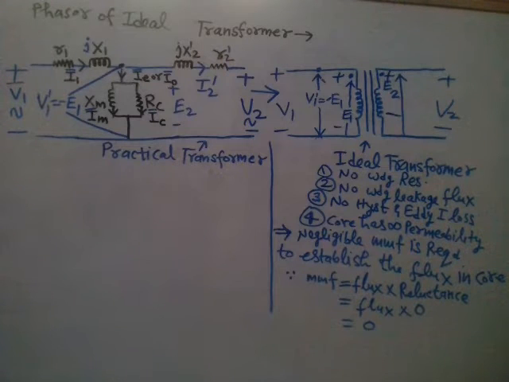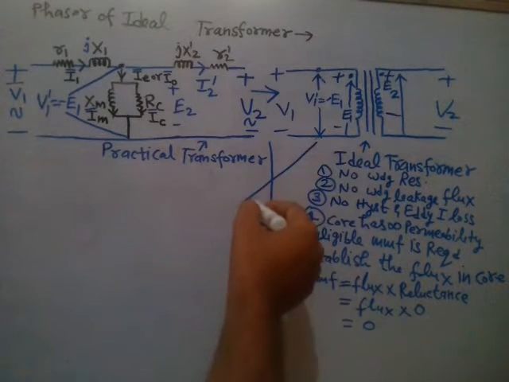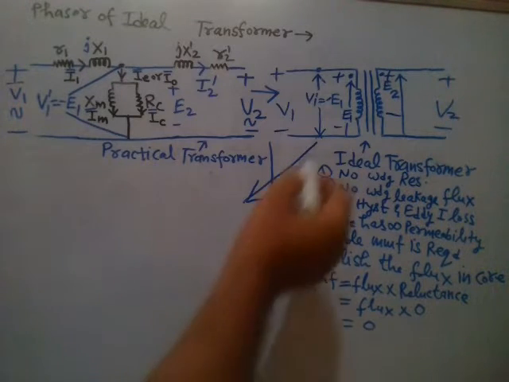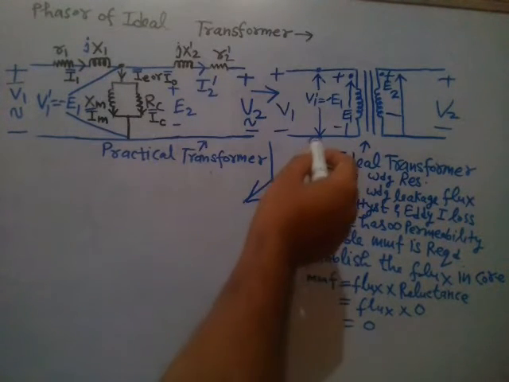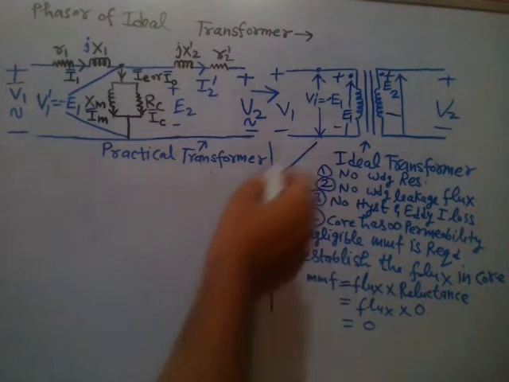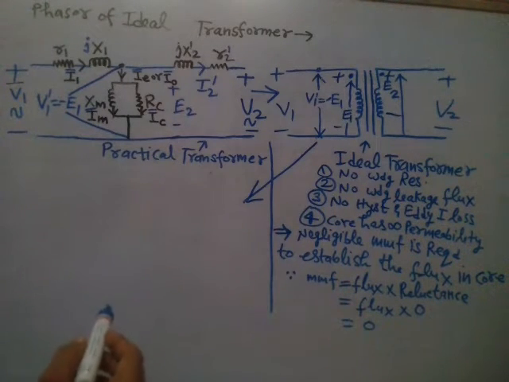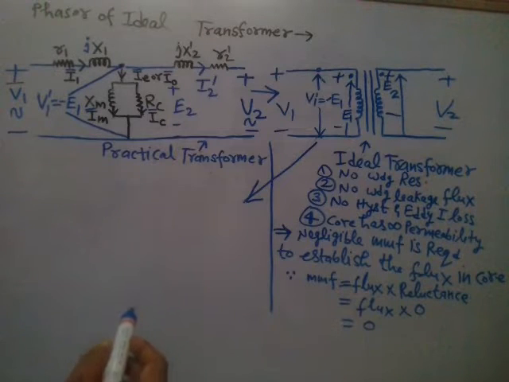For a pure inductor, the current will lag the respective voltage by exactly 90 degrees. I am going to draw the phasor diagram of the ideal transformer here in this space.